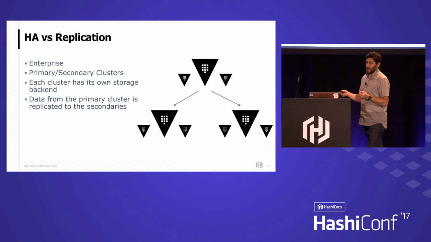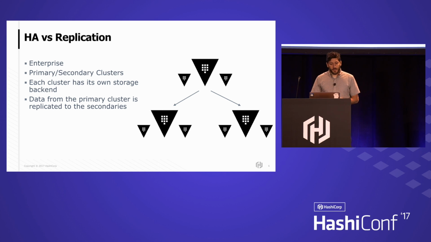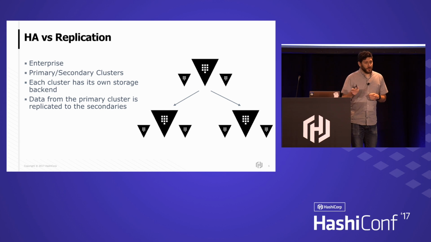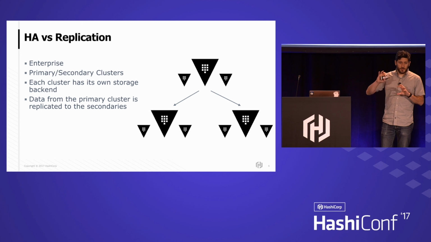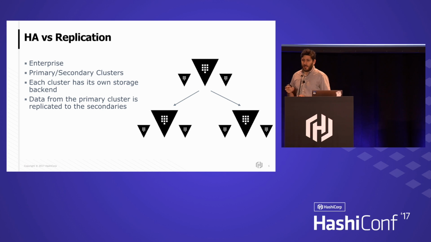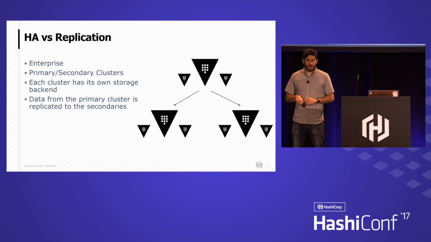Each of these clusters can be an HA cluster, and each cluster has its own storage backend. So the primary cluster and the secondary clusters talk to two distinct, diverse storage backends, and all the data from the primary is replicated down into the secondary.